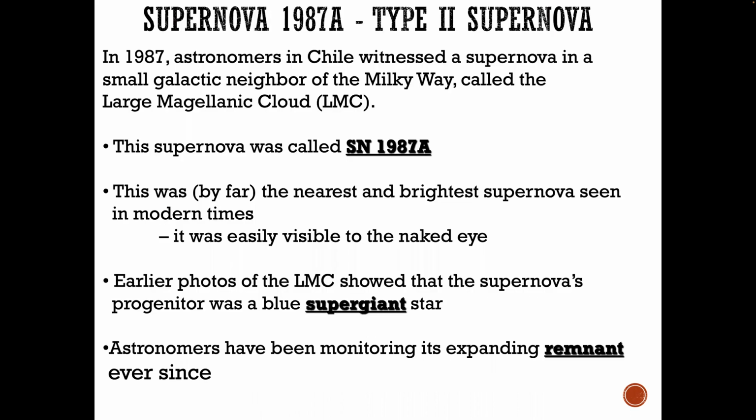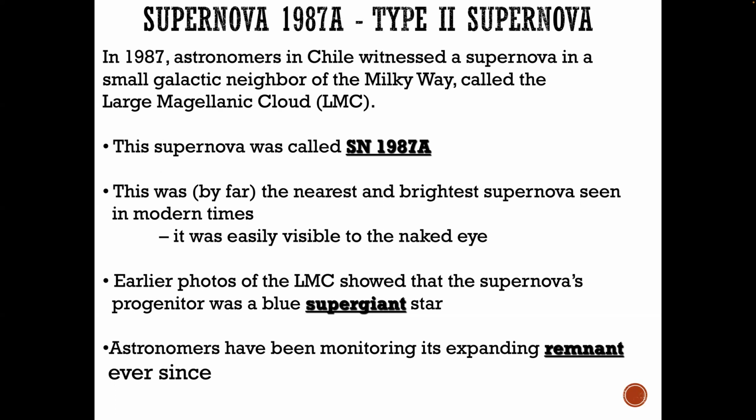And if I give more details about supernova 1987A, this is a type 2 supernova, which means we cannot use it to measure distances, right? Only type 1A supernovae can be used for measuring distances.